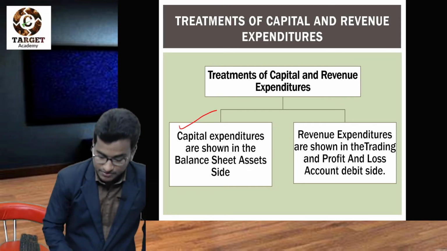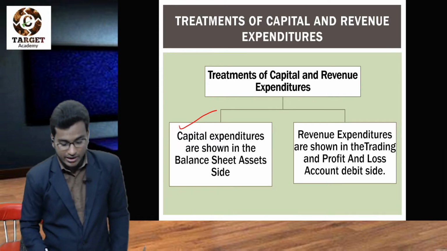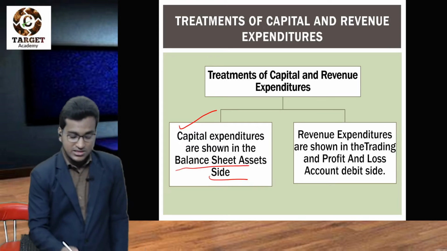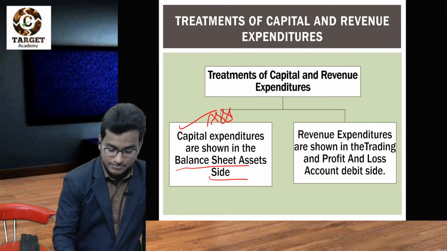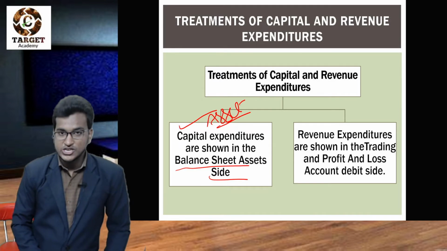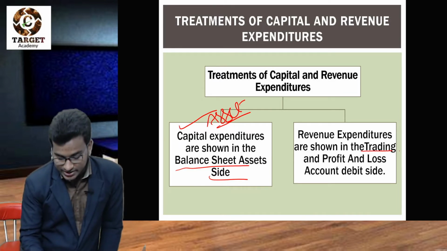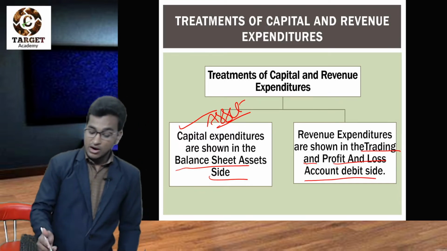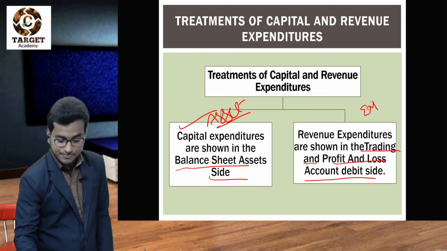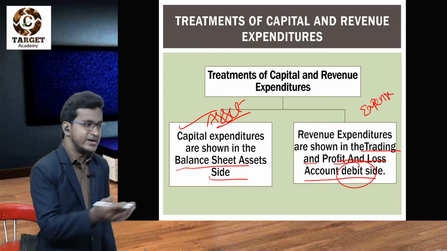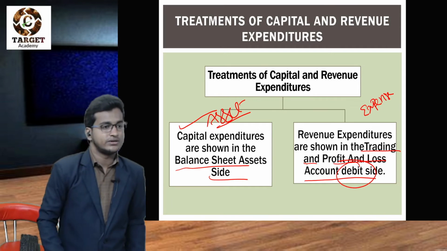Under that, the first one is shown in the balance sheet asset side, because this is an asset. Next, revenue expenditures are shown in the trading and P&L account debit side, because this is my expense. Because this is expense, it will come under the debit side, maybe trading account or profit and loss account.